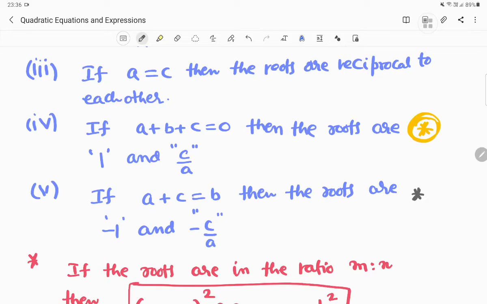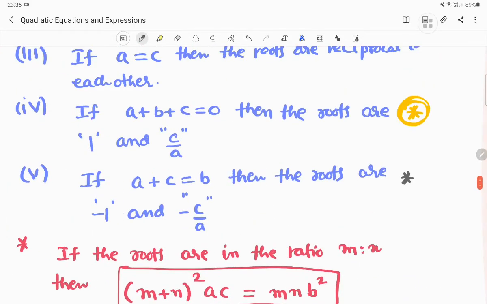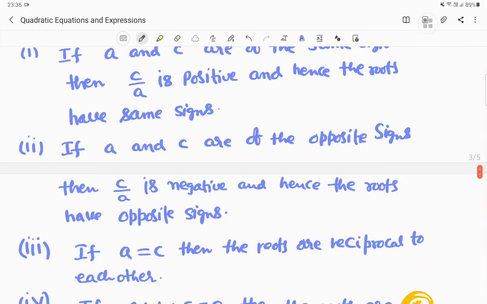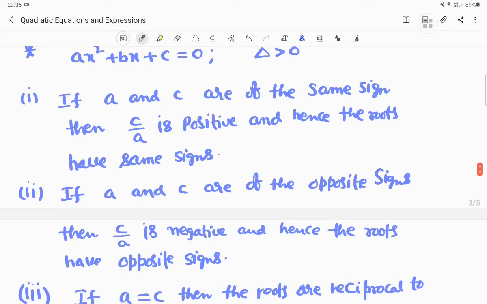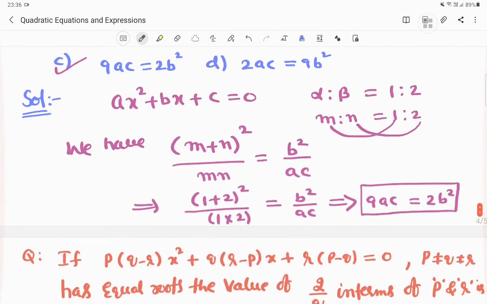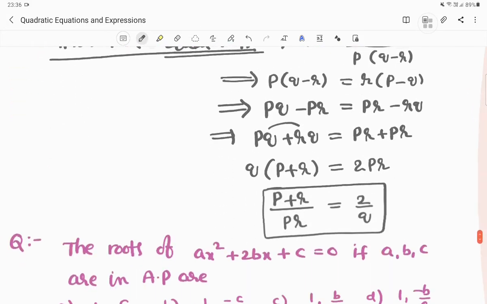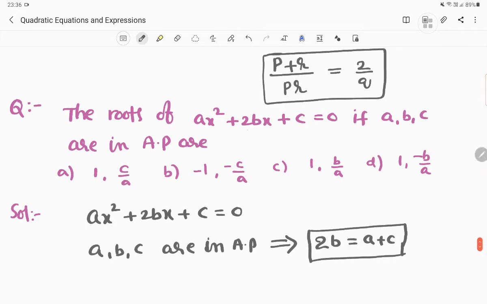Sir, here you said a plus c is equal to 2b. But here the quadratic equation is ax square plus bx plus c, no? Here the quadratic equation has 2b in place of b.